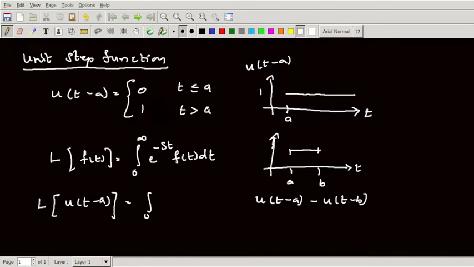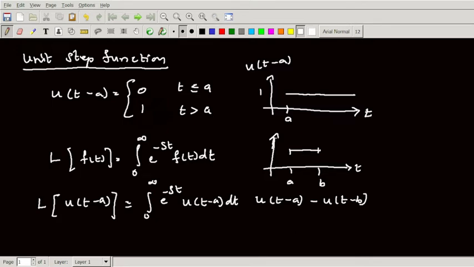Applying this, we get e power minus st, and instead of f of t we write u of t minus a, into dt. We have the definition of Laplace for the function f of t, but here we have t minus a. This t minus a we must replace with t, then we can apply the Laplace transformation.